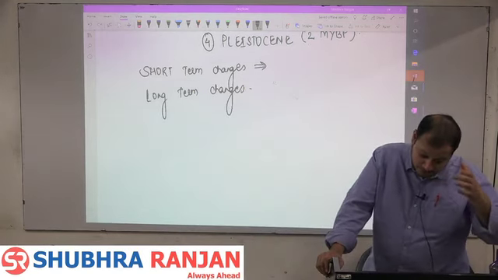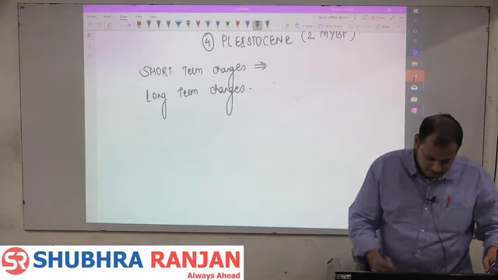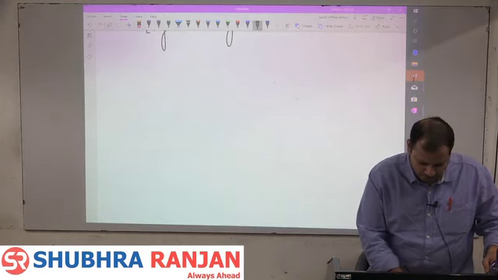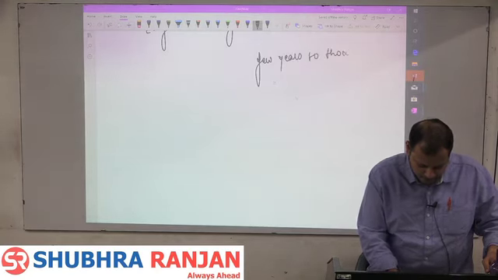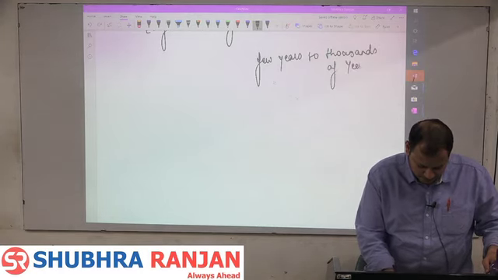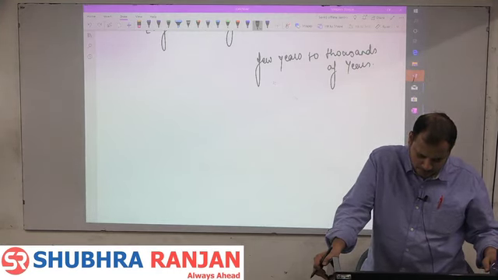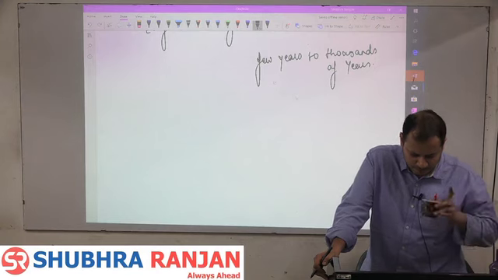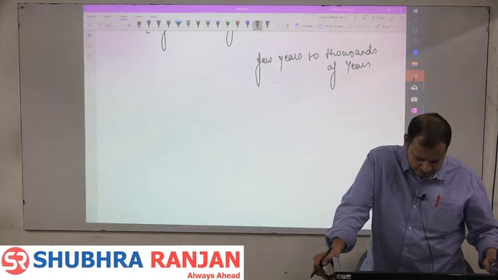The short-term changes involve a scale ranging from a few years to thousands of years. Example, anthropogenic changes.